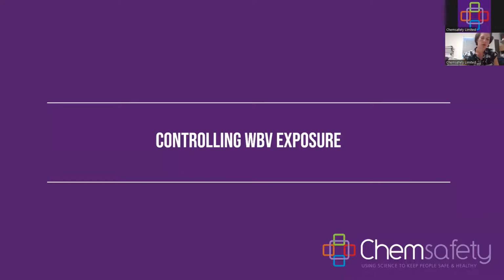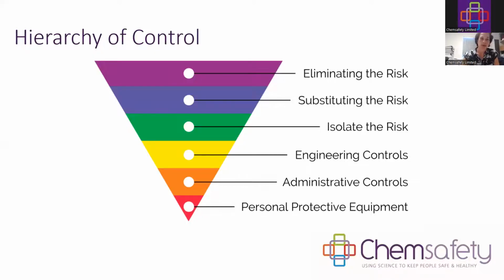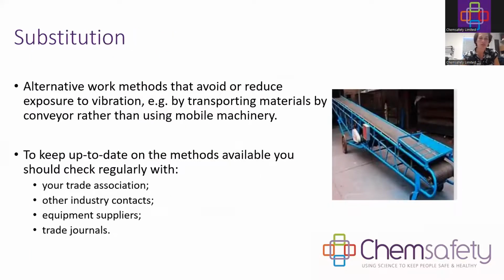So when you identify that some of your mobile equipment is emitting more vibration than it should, then you can control the exposure. So once again, the hierarchy of control as discussed in hand-arm vibration. So the easiest is to substitute. It's just taking little things into consideration.